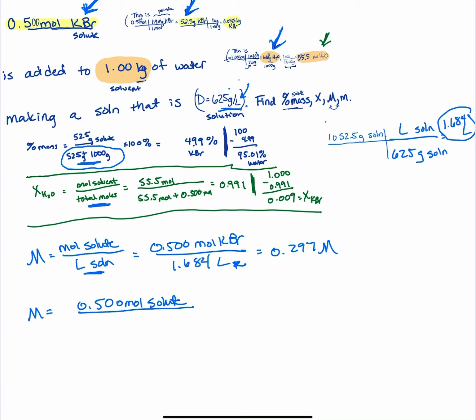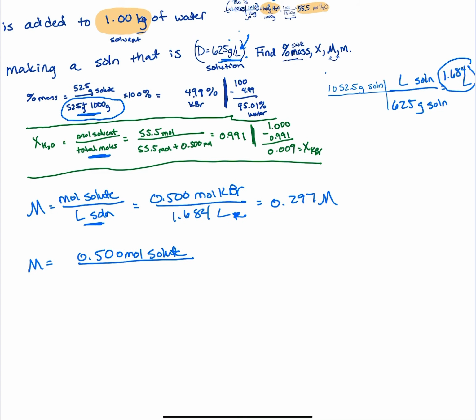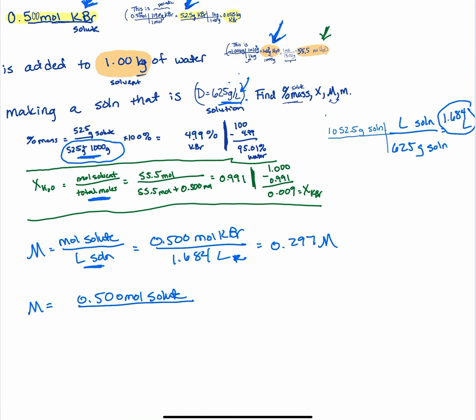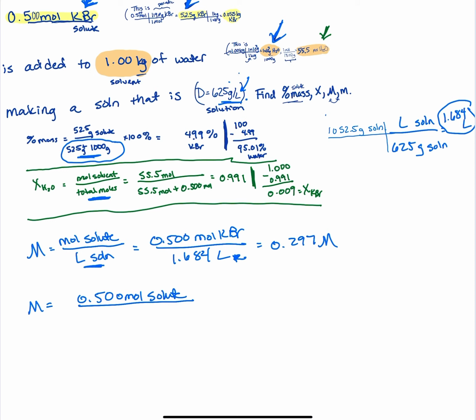You could also have just worked it on the bottom of the problem just because you know some information. Like I said, you already knew 1052.5 grams of solution were here. And then you could have gone ahead and you could have said, all right, there were 625 grams of solution in 1 liter of solution. And then those units would have canceled.